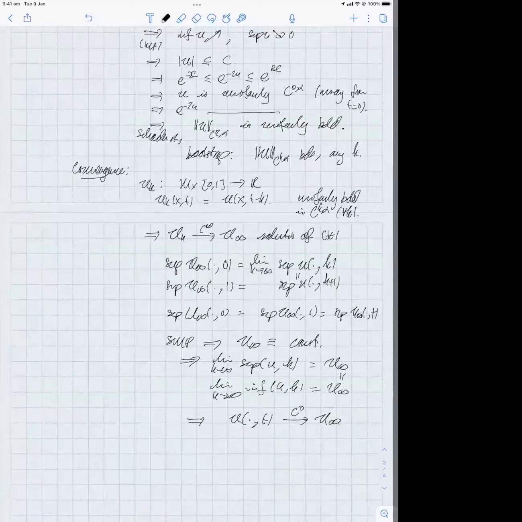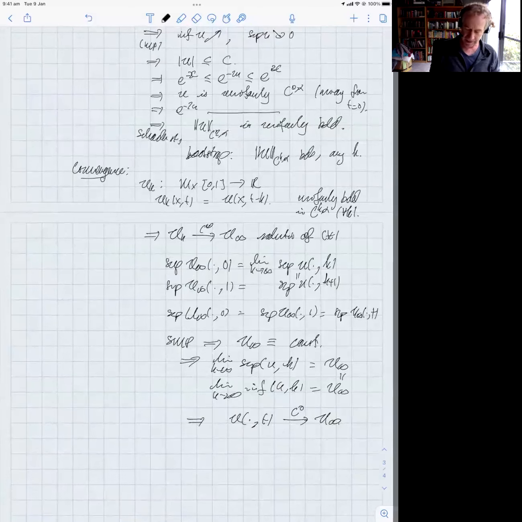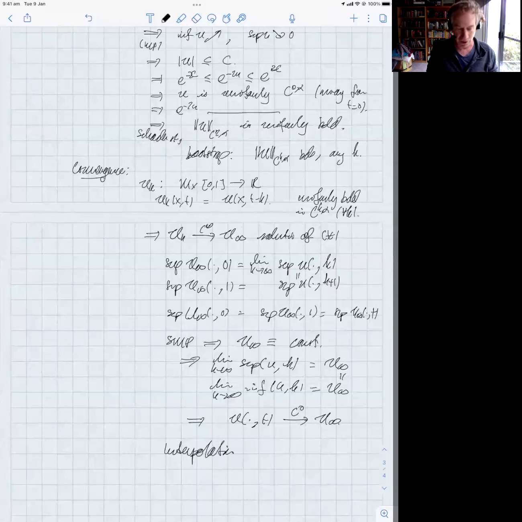Yeah, okay, so we got uniform convergence to a constant, and then the smooth convergence follows essentially for free. You can use an interpolation argument, for example. So I've got bounds in C^k, convergence in C^0.